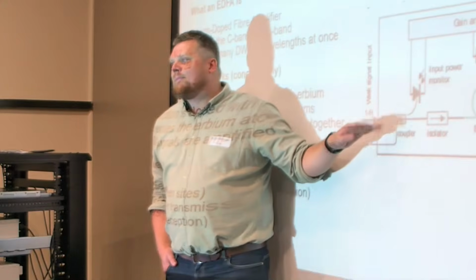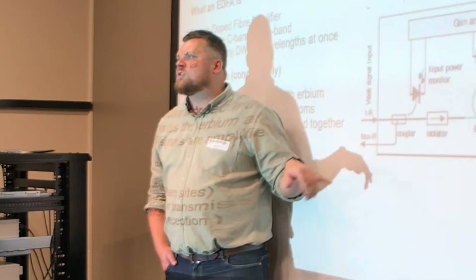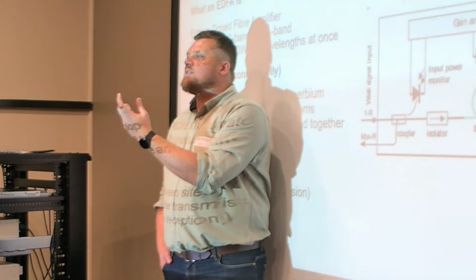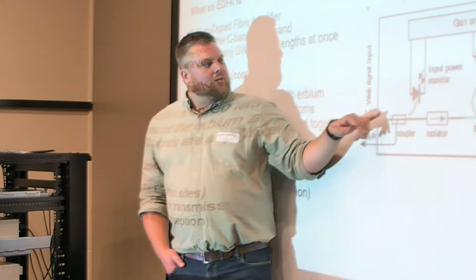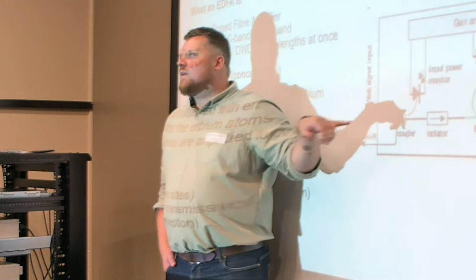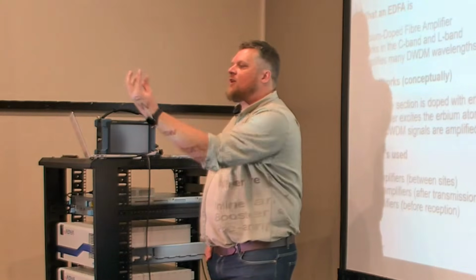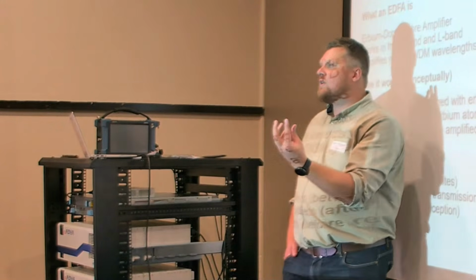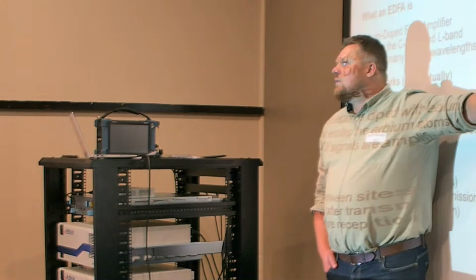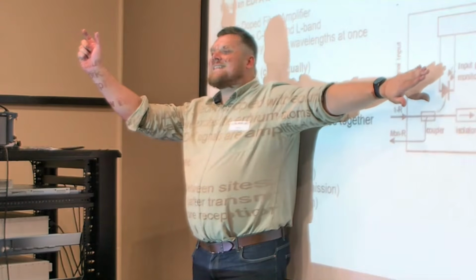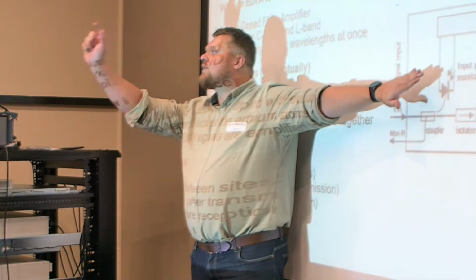That coupler will probably add a monitor port so that you can monitor the incoming signal strength. It will then have, in more modern components, a photodiode or a power monitor that actually tells you the total power. Doesn't tell you per frequency, it gives you the total power.